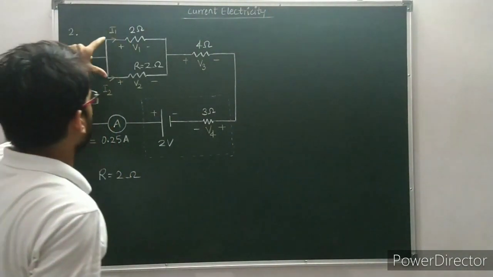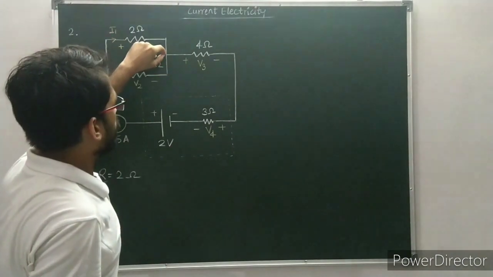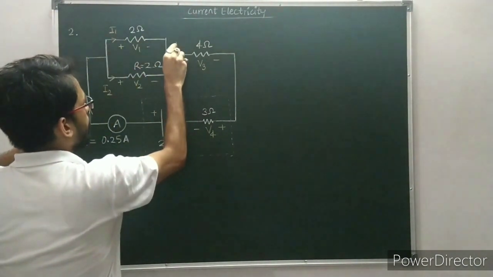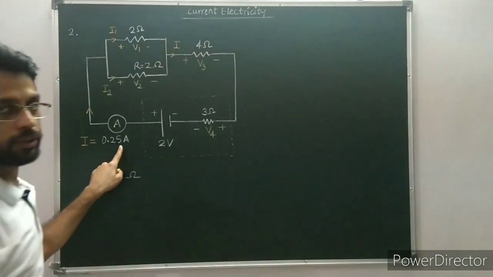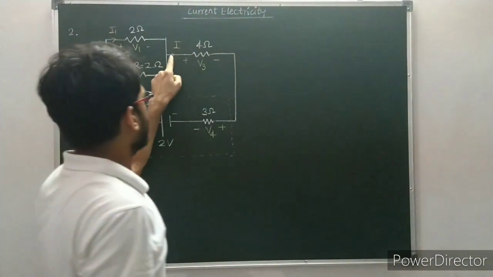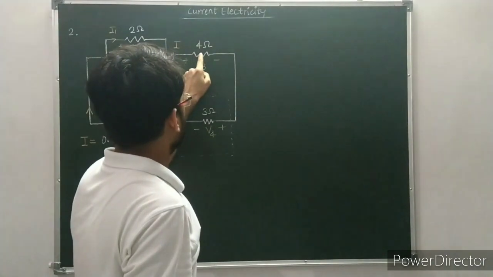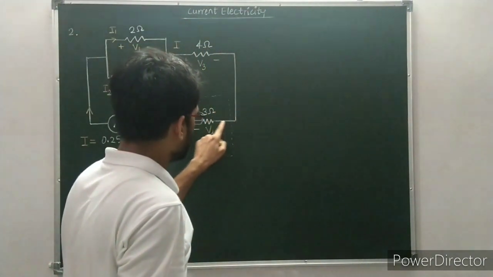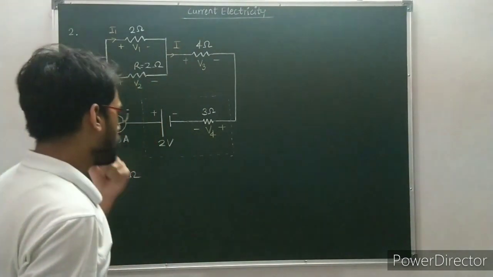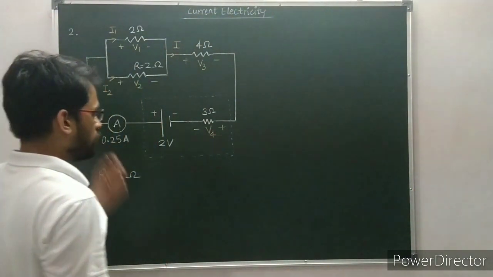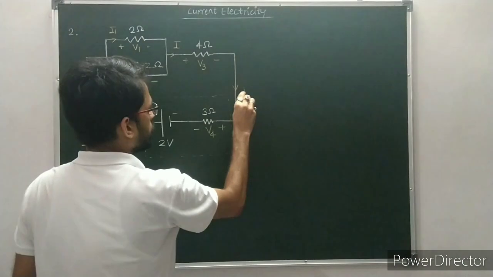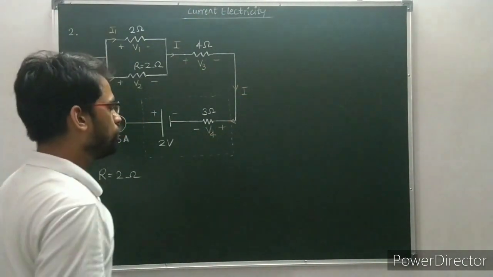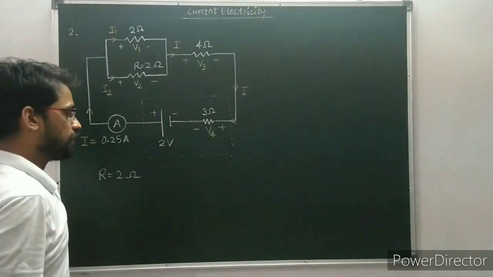These two currents recombine here at this point and produce the current I, which is 0.25 ampere. And this current flows through 4 ohm as well as 3 ohm resistance. Same current will flow through the 3 ohm resistance.